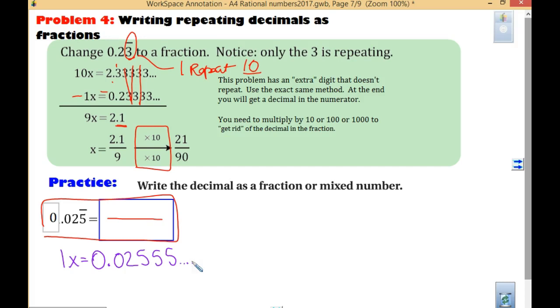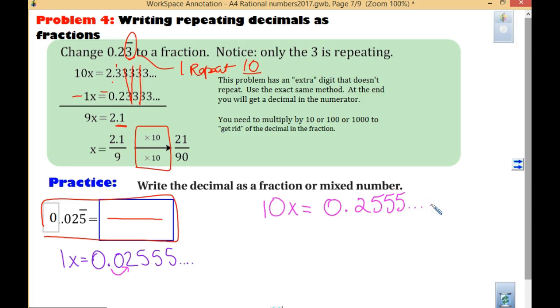Now, since only one repeats, we're going to multiply by 10. If one repeats, it's either 10, 100, or 1,000. So you're going to start with 10x. If I multiply this times 10, that means I'm moving this decimal over one place, which means it's now equal to 0.2555. Agreed? How many times should we put the 5?